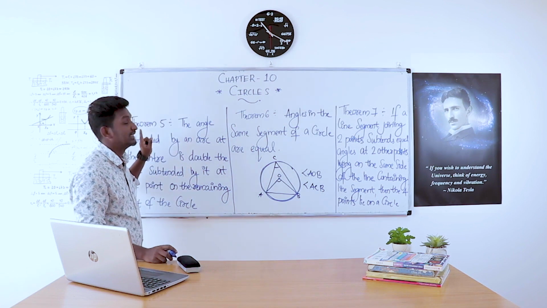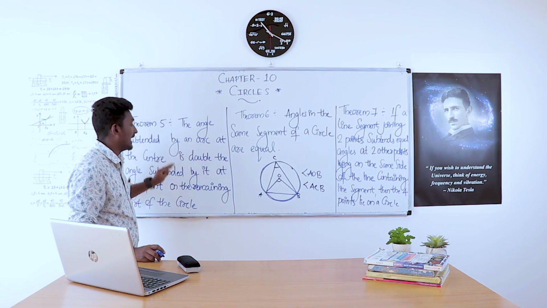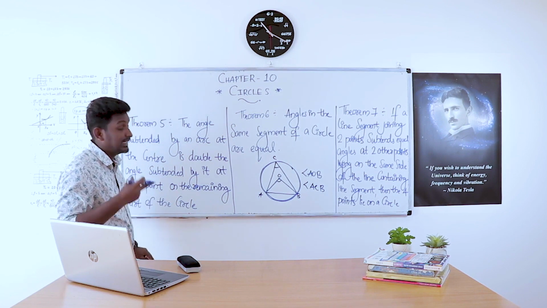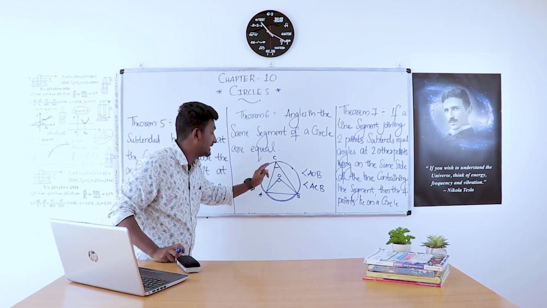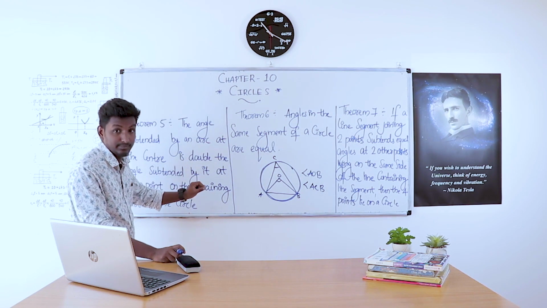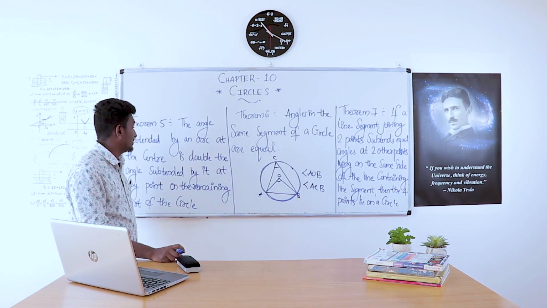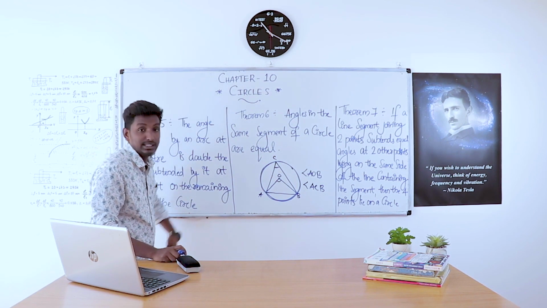This is what theorem number 5 says: any angle subtended by an arc at the center is double the angle subtended by the same chord at any point on the remaining parts of the circle other than the center.